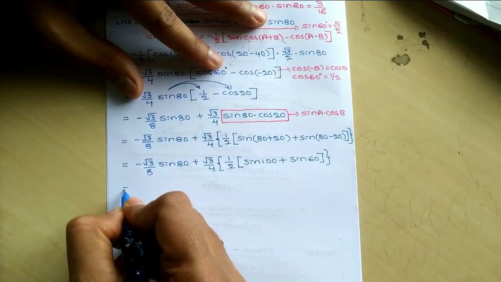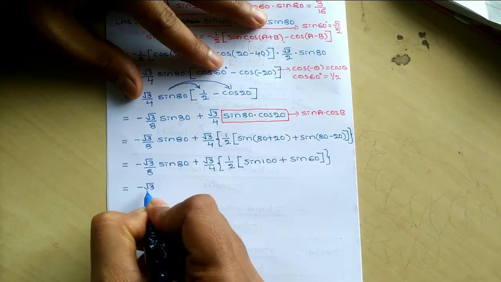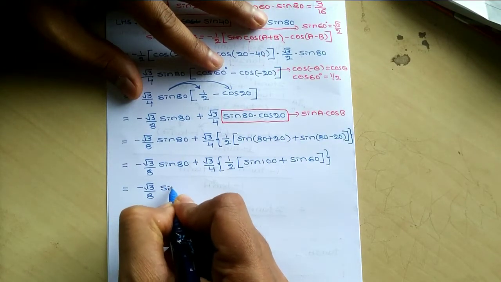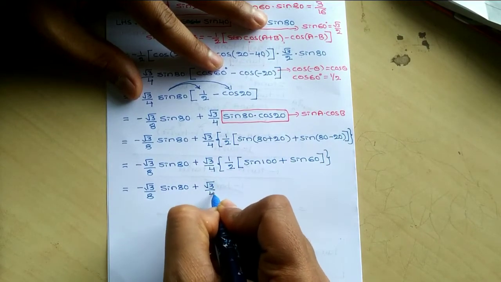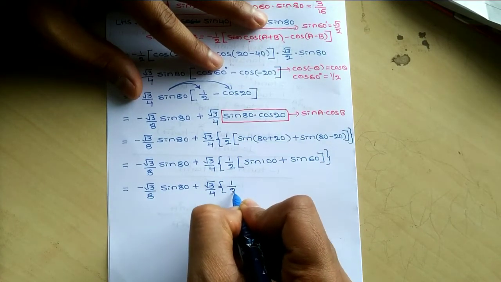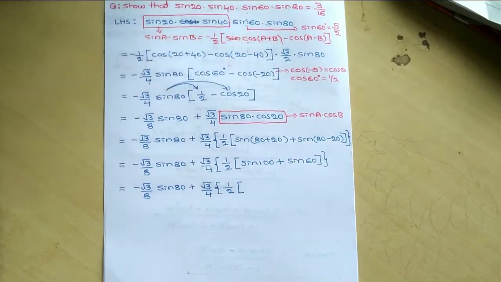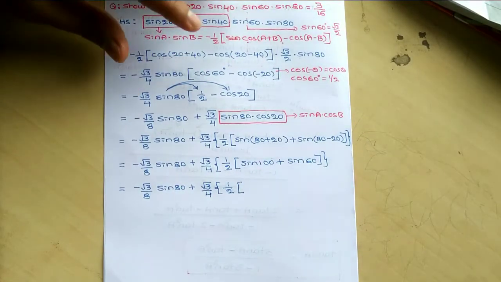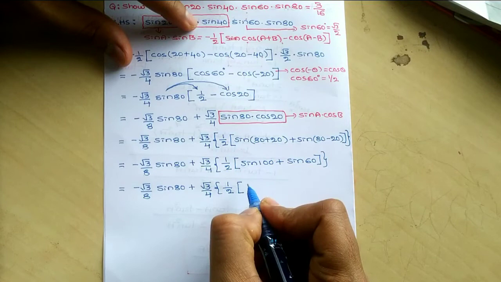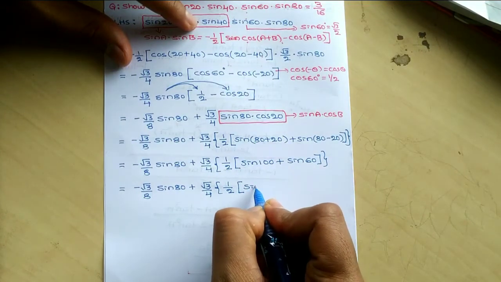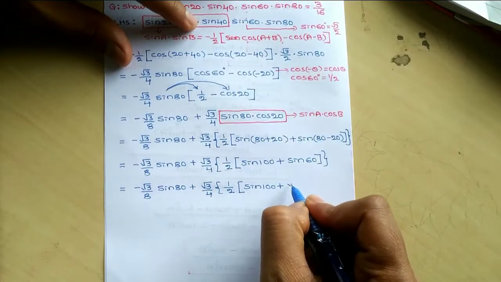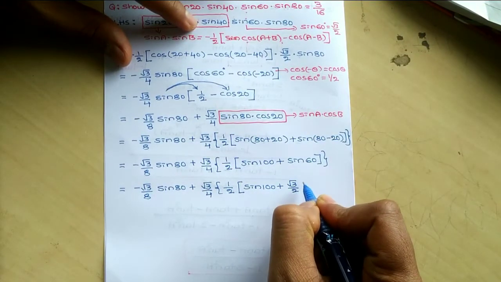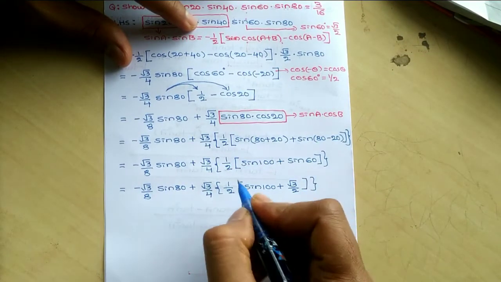Sin 60 degree is root 3 divided by 2. Therefore, which is equals to minus root 3 divided by 8 into sin 80 plus root 3 divided by 4, keep it as it is. 1 divided by 2 also keep it as it is. Next, sin 100 plus sin 60 degree is what? Root 3 divided by 2. Next, open the bracket.